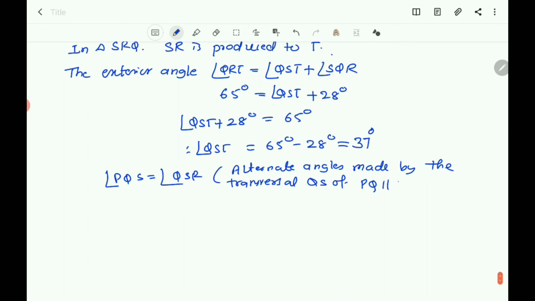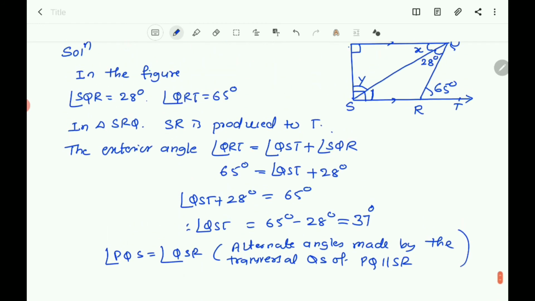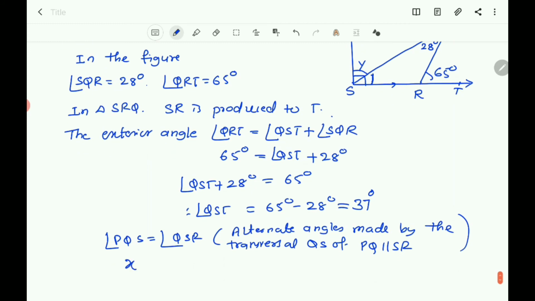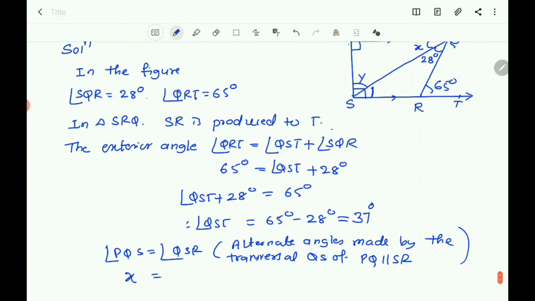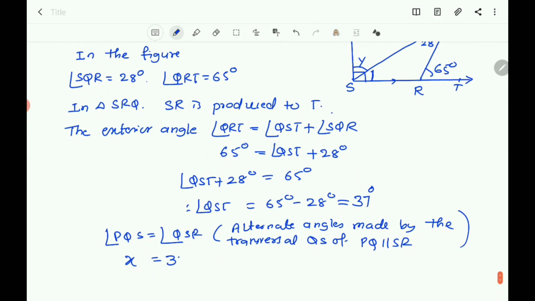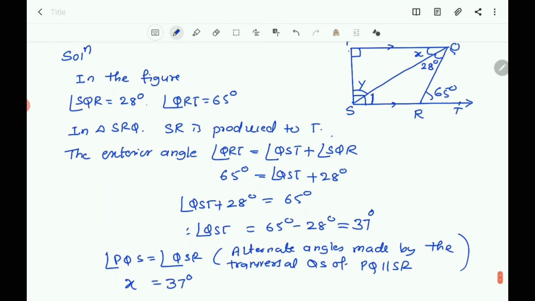So x is equal to QSR, that is 37 degrees. x is equal to 37 degrees.